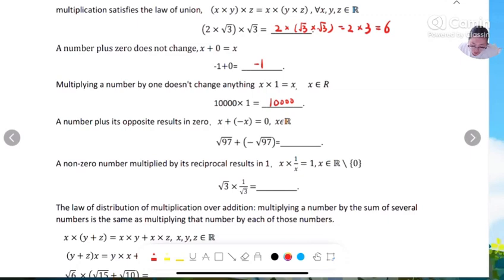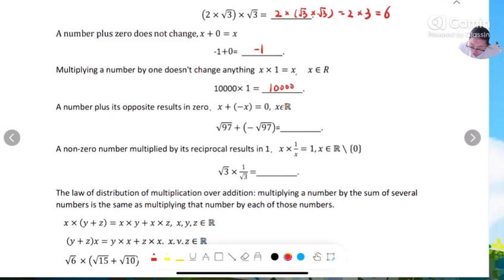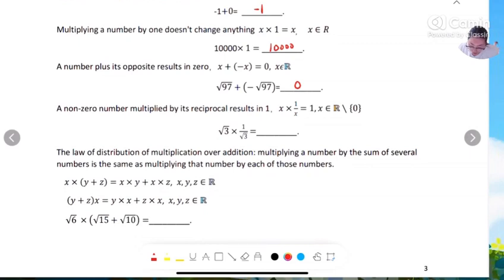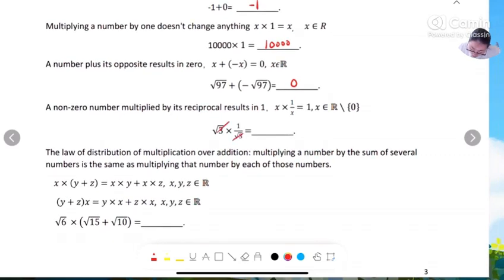A number plus its opposite results in 0, so the square root of 97 plus negative square root of 97 is equal to 0. A non-zero number multiplied by its reciprocal results in 1. So the square root of 3 times 1 over the square root of 3 is equal to 1.